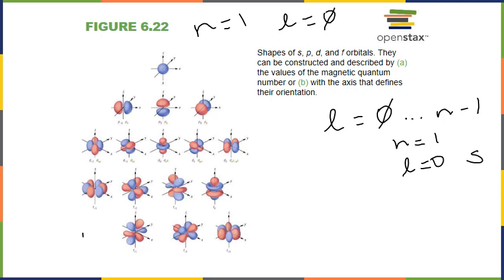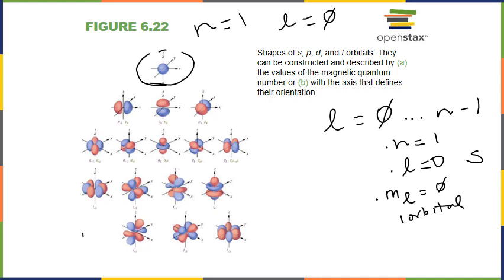Now, we also know that our m sub L, and remember that this is our shell and our subshell, each m sub L value gives us 1 orbital. Our m sub L goes from minus L to plus L. Well, L is 0, there's only one value, and that is m sub L is 0, which tells us that there's one orbital. And which one is it? It is this one right here.